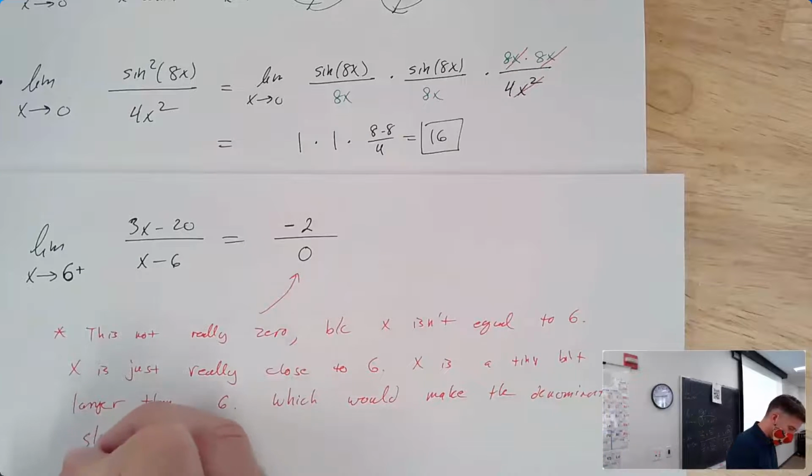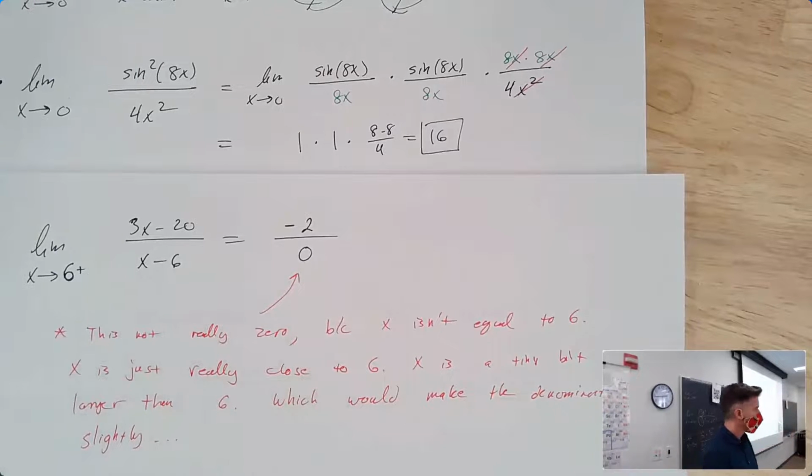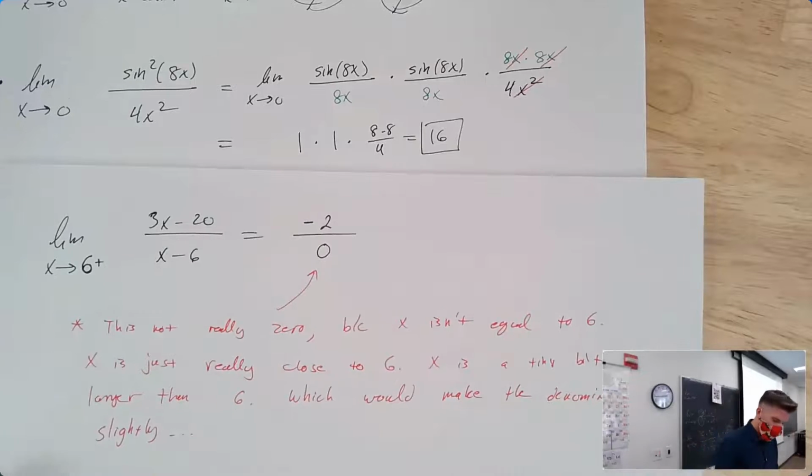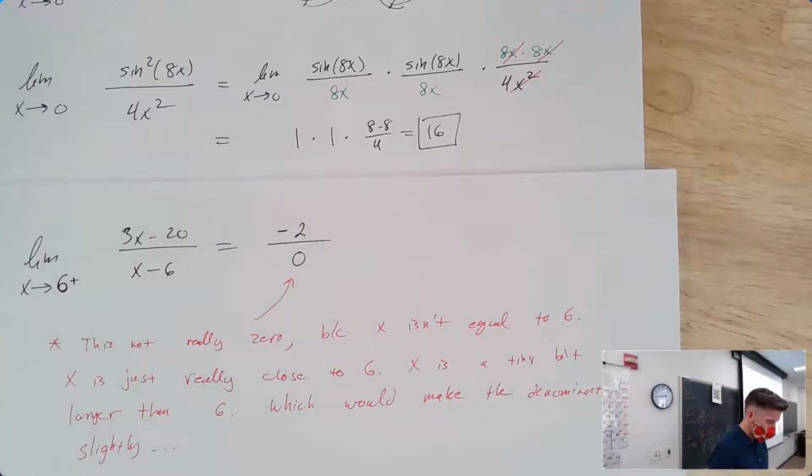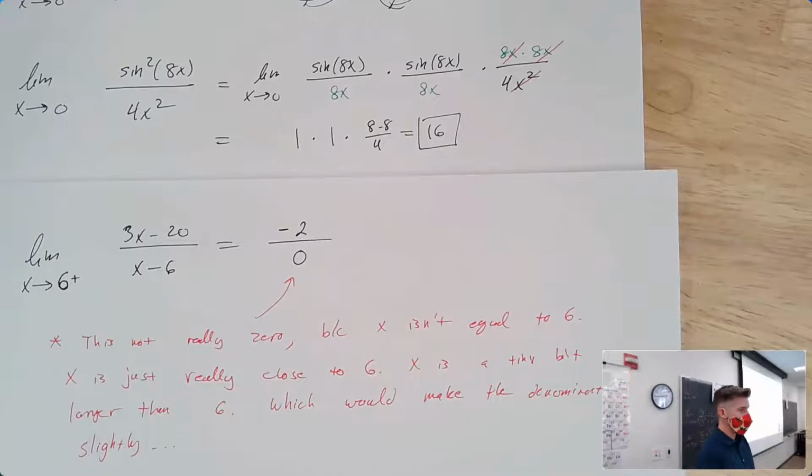Good question, James. x is, let's pick a number. Let's make x very, very close to 6. Let's say that x was equal to like 6 plus 1/1000. Because we're definitely on the right side of 6 there.